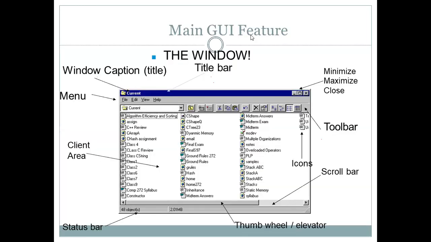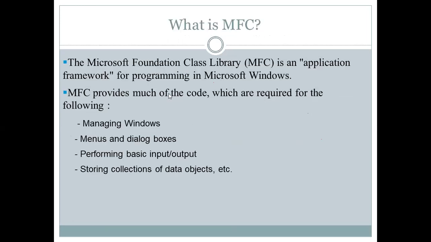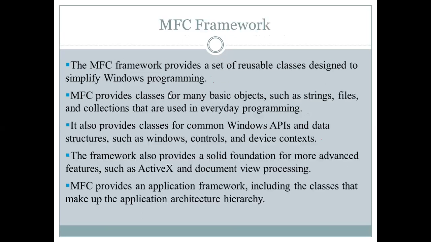Then we saw why VC++ is not suitable for graphical user interfaces, so that is the reason we introduced the concept of MFC, the Microsoft Foundation Class, which provides a collection of classes used as a dynamic link library at runtime. Then we discussed what MFC is and what classes and features are provided by the MFC framework. So we will stop our class here.